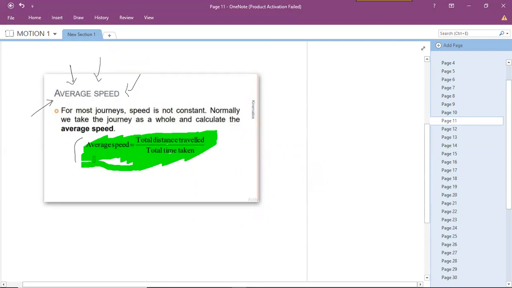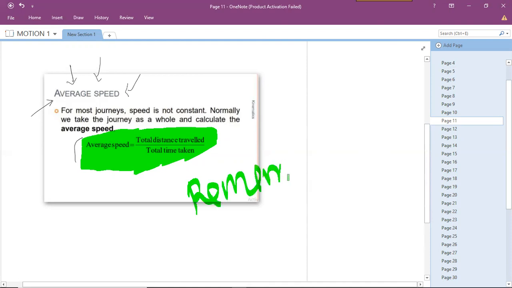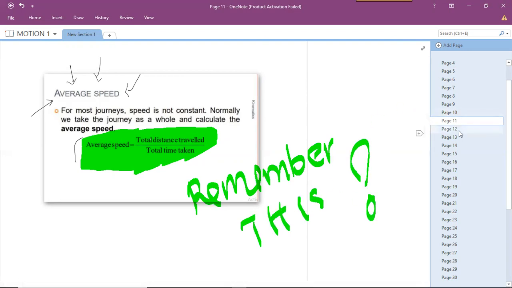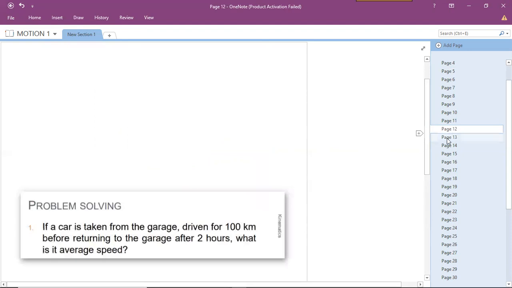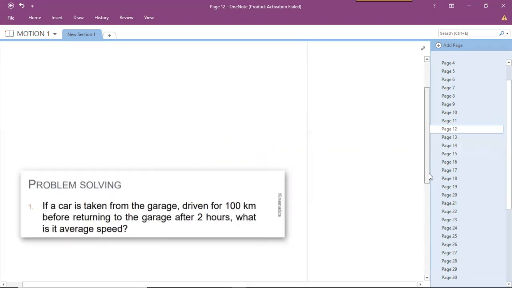So you take into consideration the entire journey in terms of distance and the entire journey in terms of time. Please do not forget this formula. It will earn you marks in your exam. Remember this: average speed is total distance over total time.